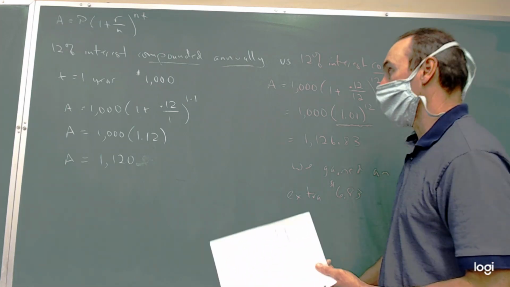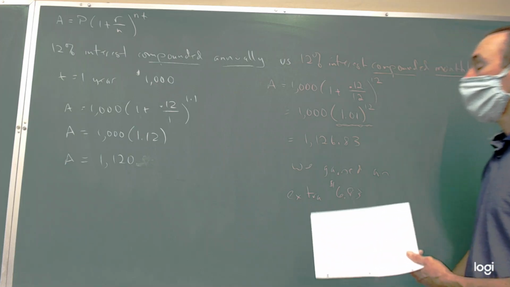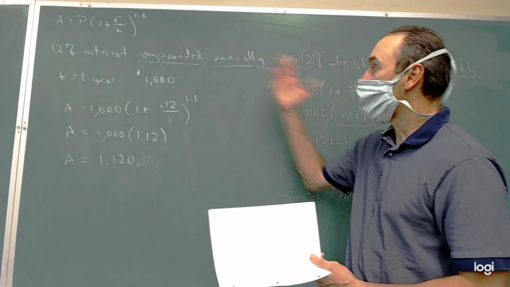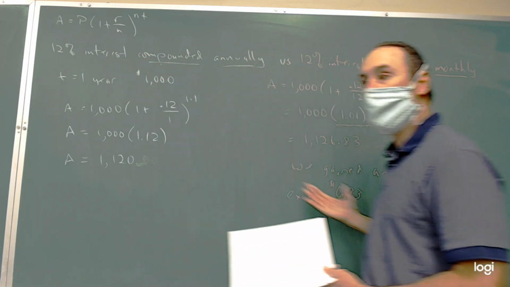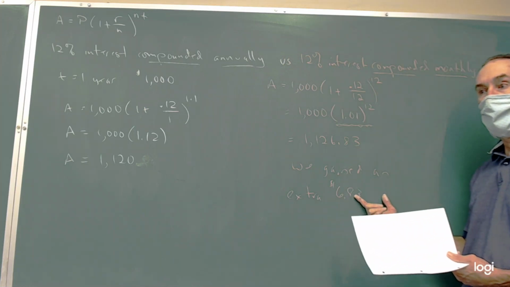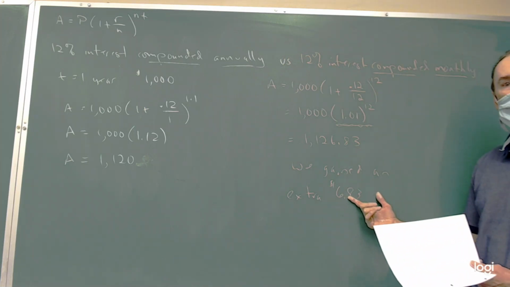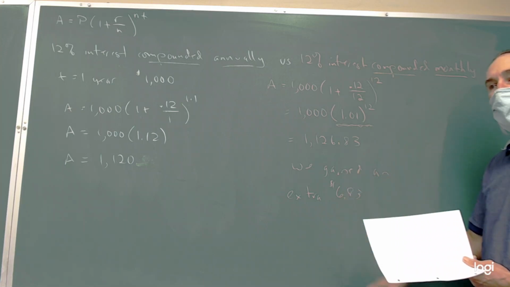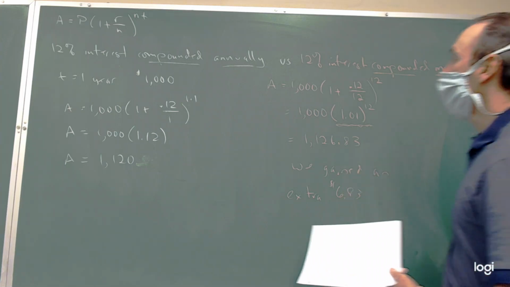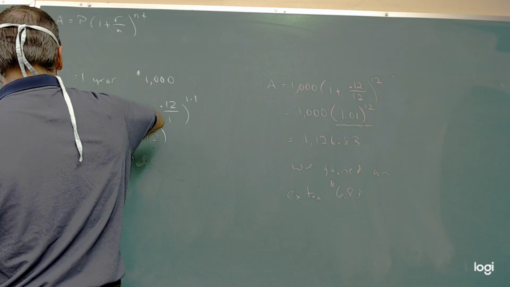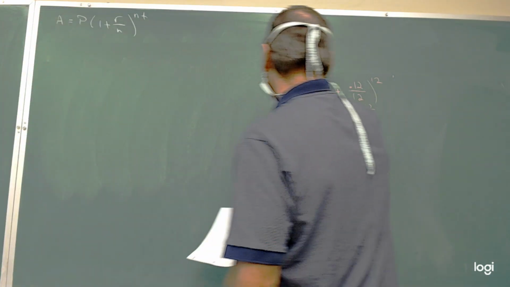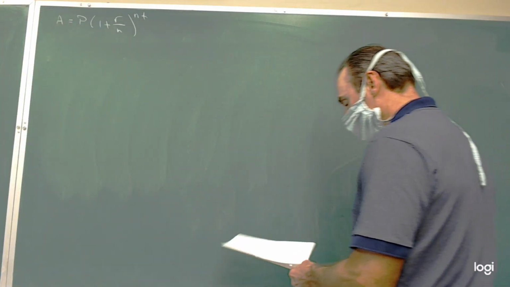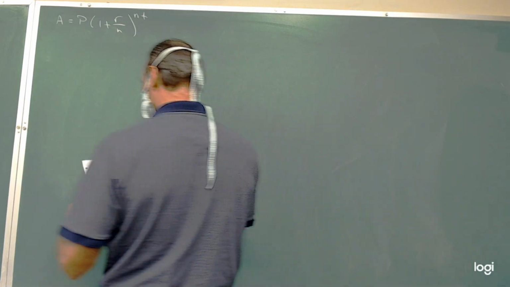So these have names, how we can distinguish this. What do we mean? Are we talking about what we say the interest is, or what the actual return is, what the actual percent increase is after all that compounding is done in the course of a year? And so the 12% we say is what's called the nominal interest rate. So these are some words that you will hear.